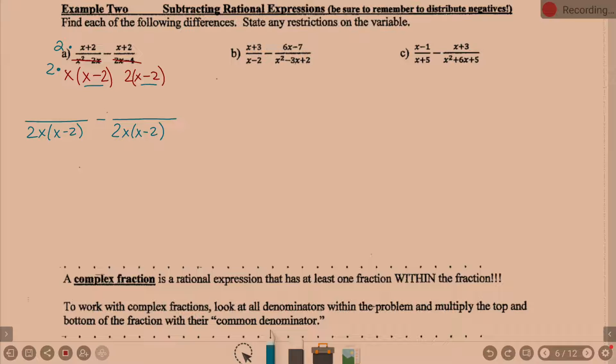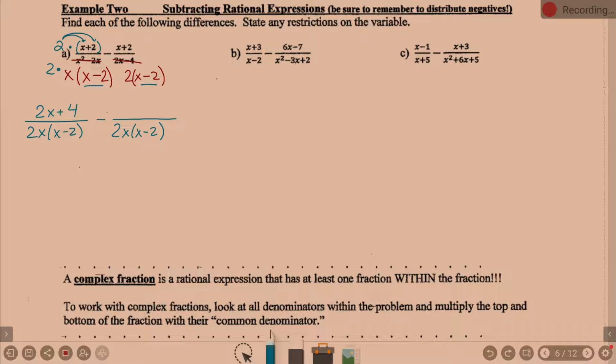How do I multiply 2 times x plus 2? You're going to distribute, right? Let's go ahead and do that now. 2 times x plus 2, I'm going to multiply it, save us a step later. 2 times x is 2x, plus 2 times 2 is 4. Good enough?